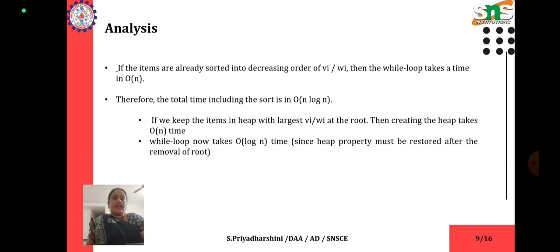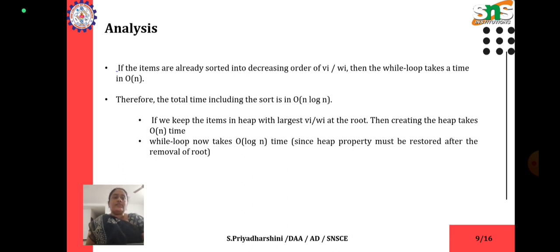If we keep the items in a heap with the largest Vi by Wi at the root, then creating the heap takes order of n time. The while loop now takes order of n log n time, since the heap property must be restored after the removal of the root.